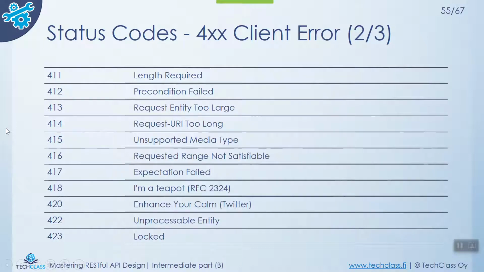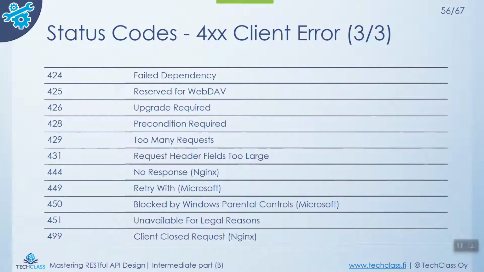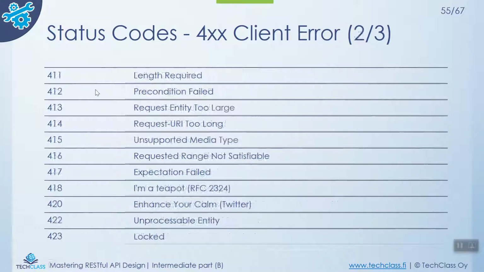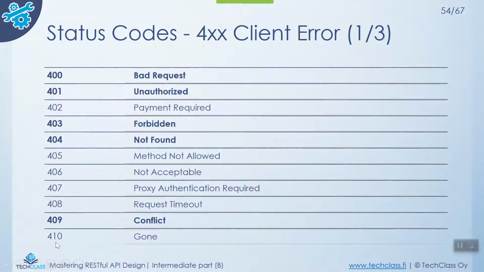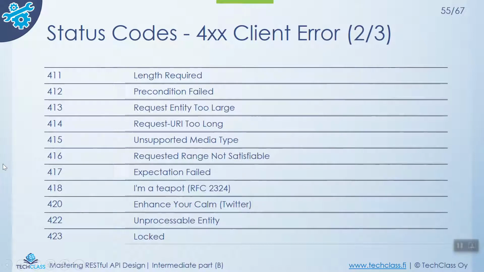Here are the rest of the other ones. As you can see, there are many communication messages that you can send to the client as a client error message. But like I said, these 5 ones are the most important ones, which you should always try to communicate if the case is related to them.